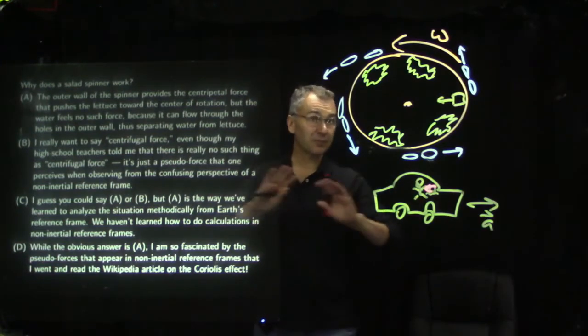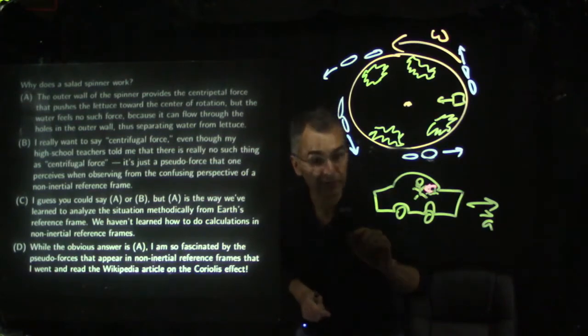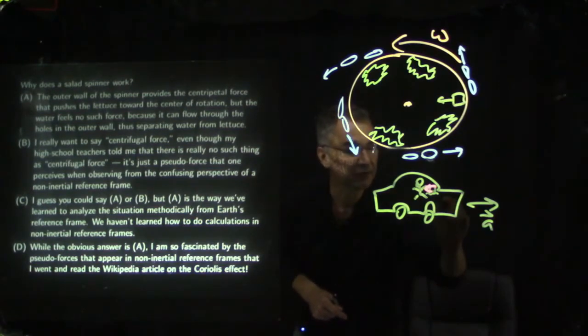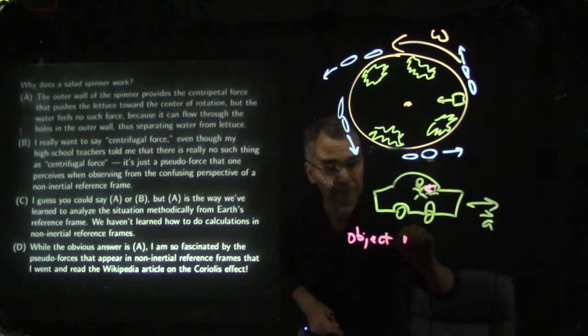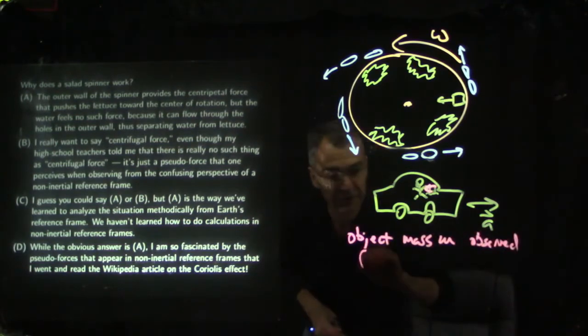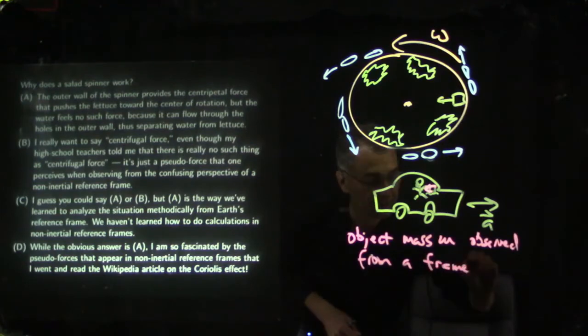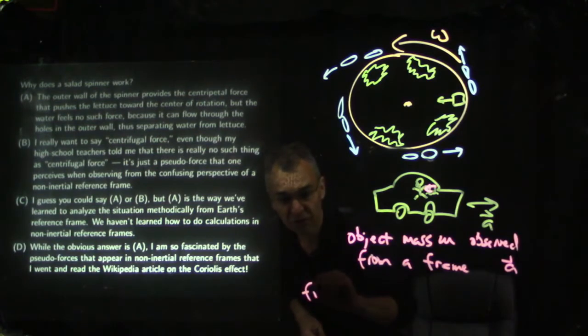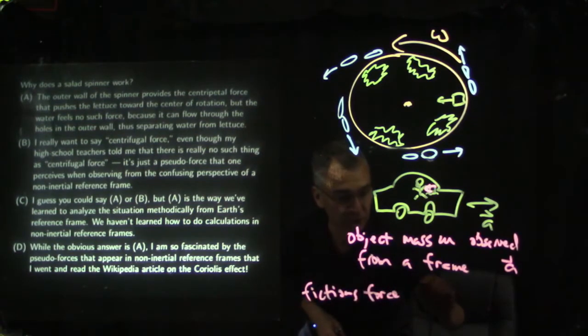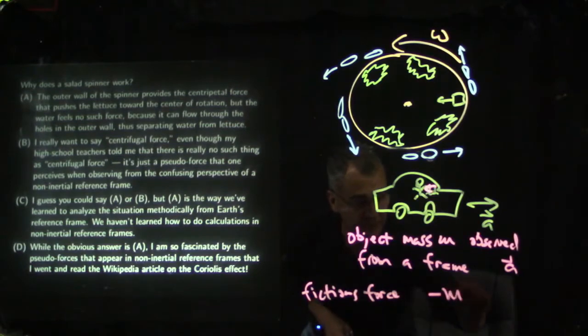So this is completely outside this course, but if I have an object of mass M, observed from a reference frame, and that reference frame is accelerating with acceleration A, then there's this fictitious force, called the inertial pseudo-force, which is minus ma.